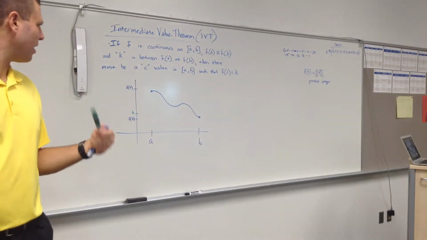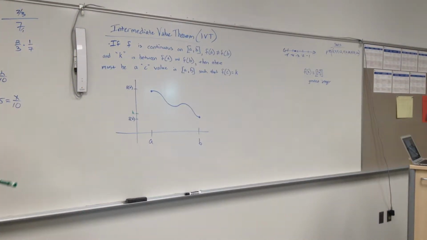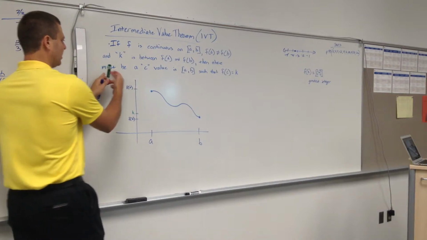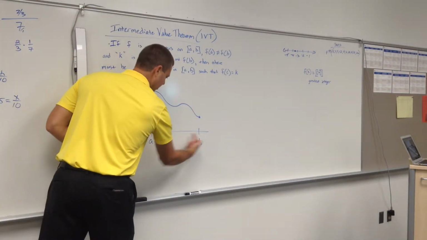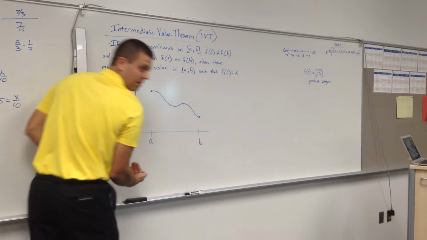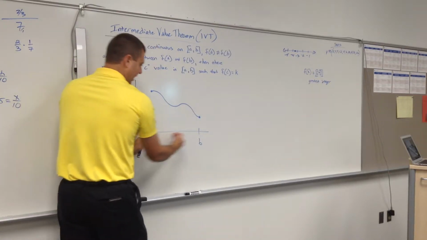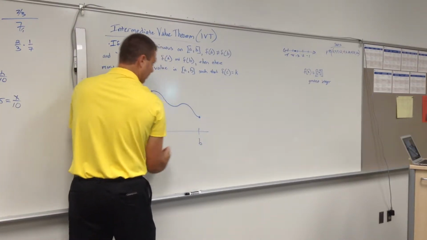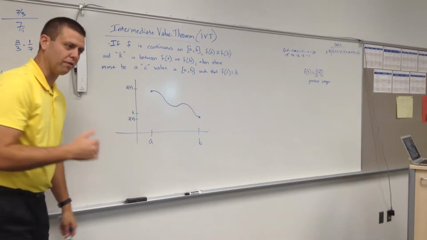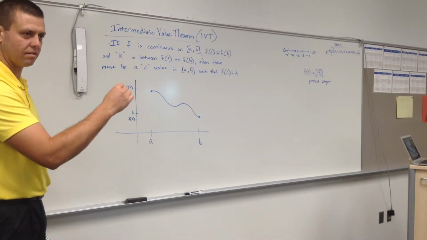The intermediate value theorem basically says that there has to exist some c value between a and b. There's got to be some x value on this interval such that f of c equals k.